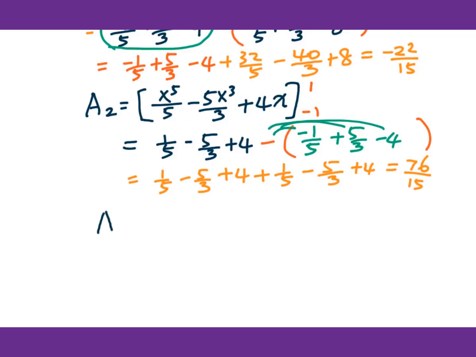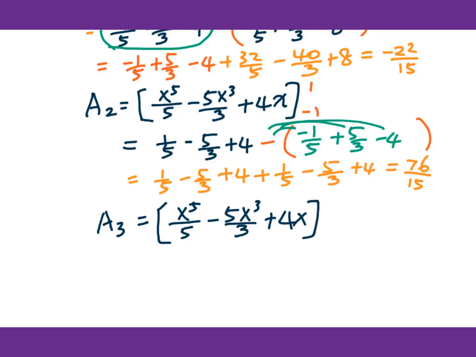We do the same thing for A3. You will get x fifth power over 5 minus 5x third power over 3 plus 4x from 1 to 2. Plug in 2 first, you will get 32 over 5 minus 40 over 3 plus 8.